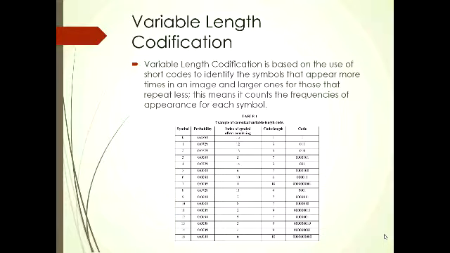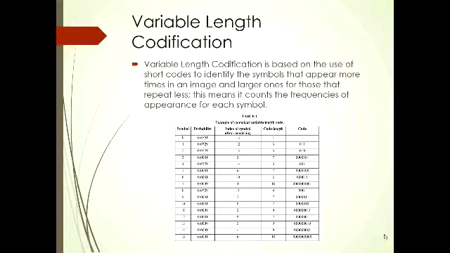First, we will see the variable length codification. It consists in taking the probability of each symbol or character that appears in an image, and giving that probability a name tag, in this case a code.